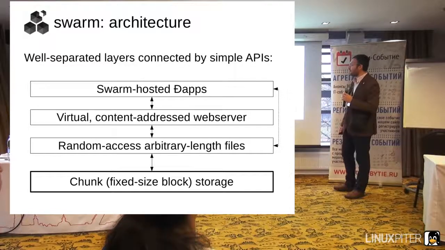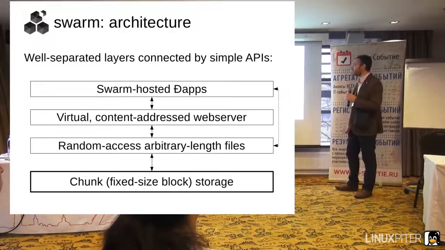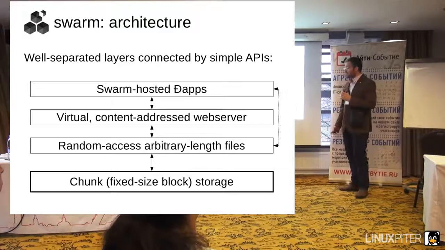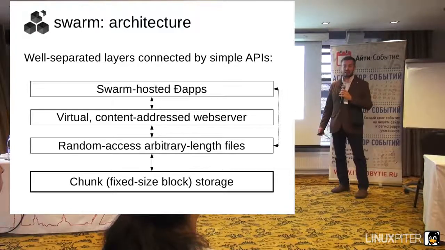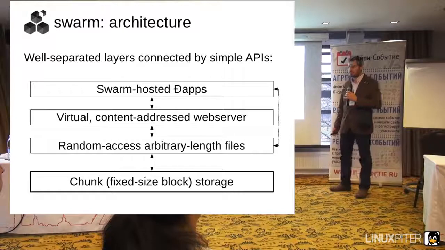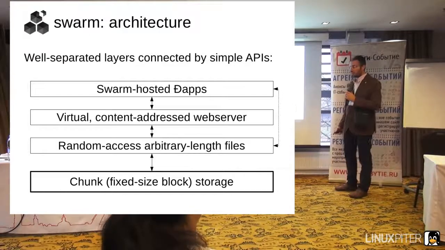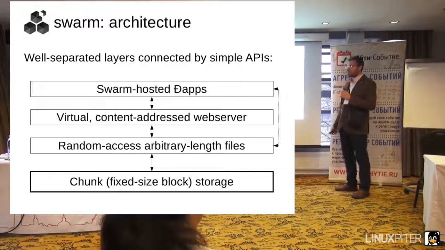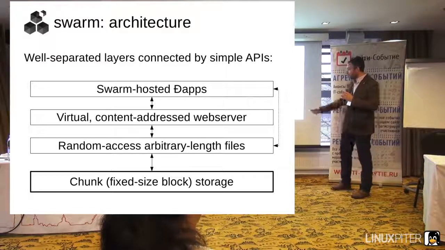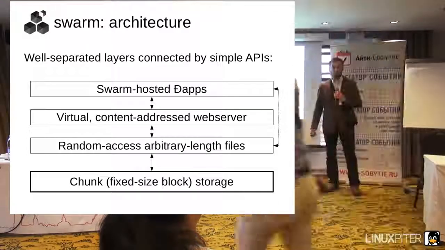And here's the basic architecture of this system that we have built, Swarm. It is a very clean design in the sense that we have well-separated layers that talk through very small and simple APIs, and there's very little, actually next to none, cross-layer communication. The basic layer is a storage of chunks.